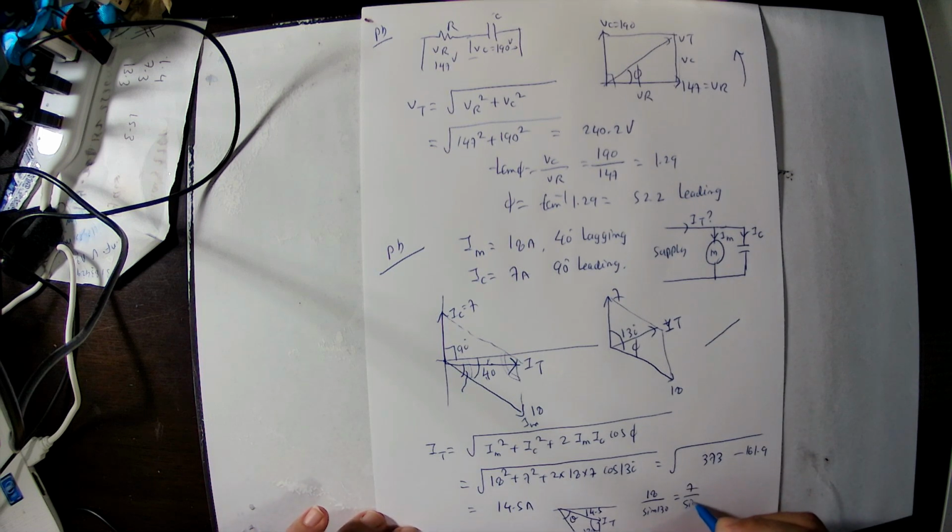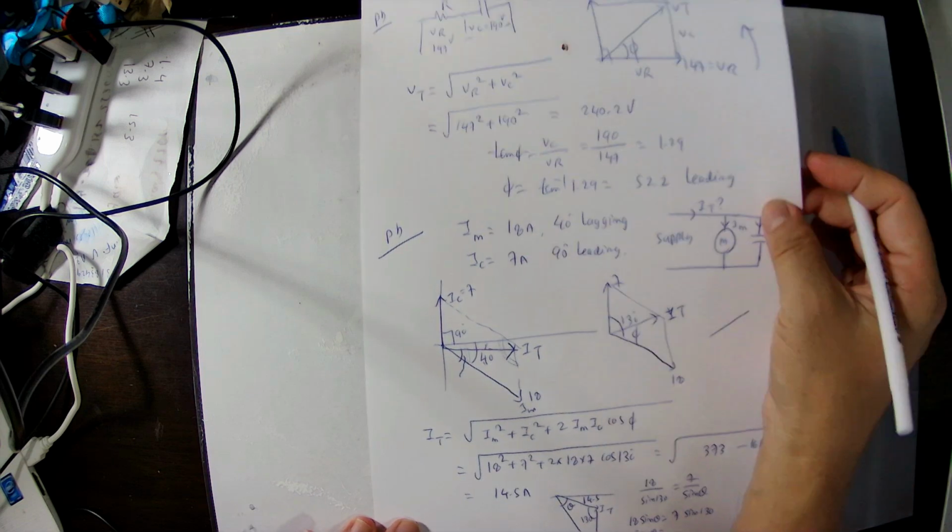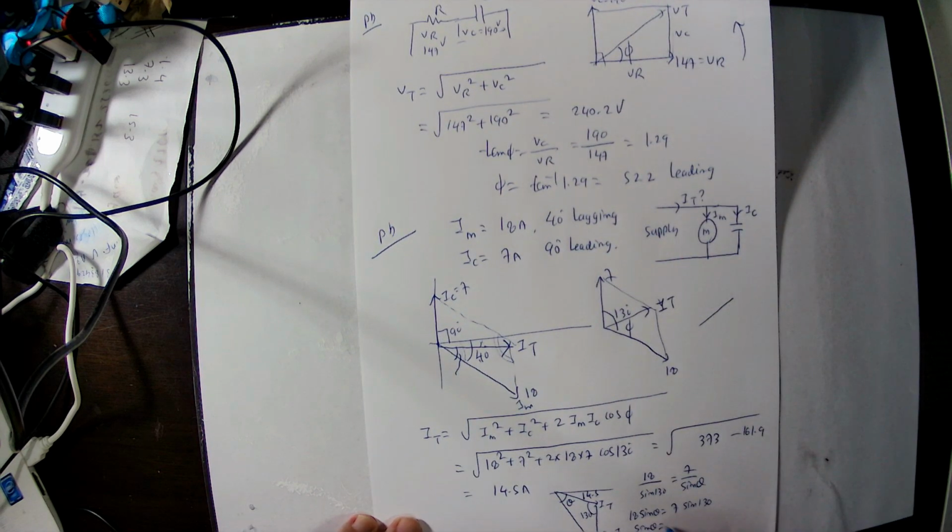Then we can find theta. So 18 sine theta equals 7 sine 130, so sine theta equals 7 sine 130 divided by 18.